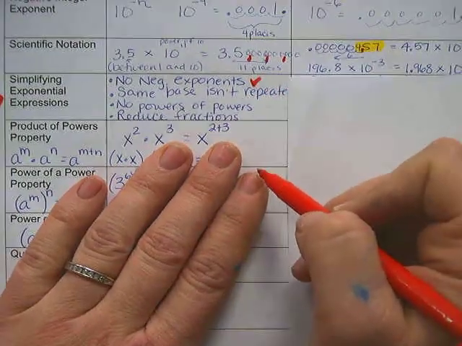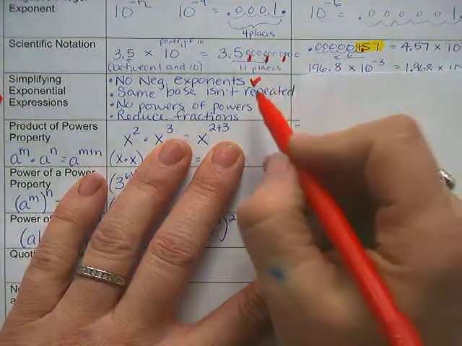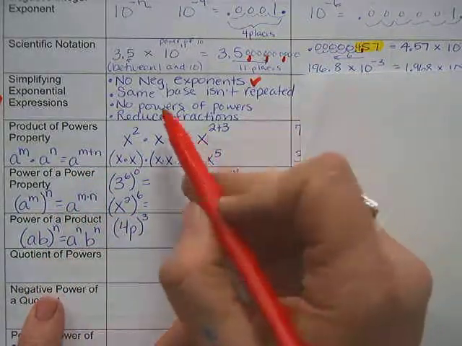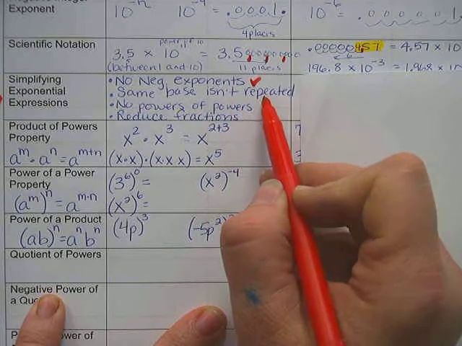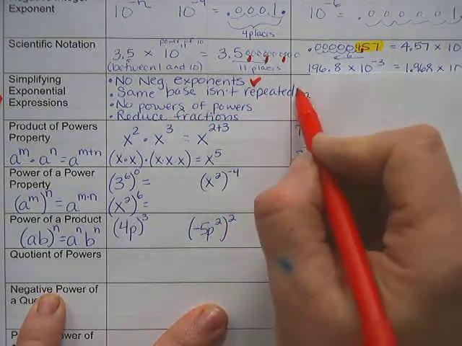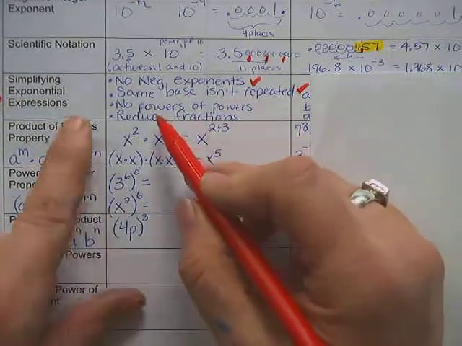We did that yesterday. You have to completely remove negative exponents by moving them either to the numerator or the denominator. The second is that the same base of a power isn't repeated. Because if that same base is repeated, that means that you had other multiplying or dividing that could have been done.